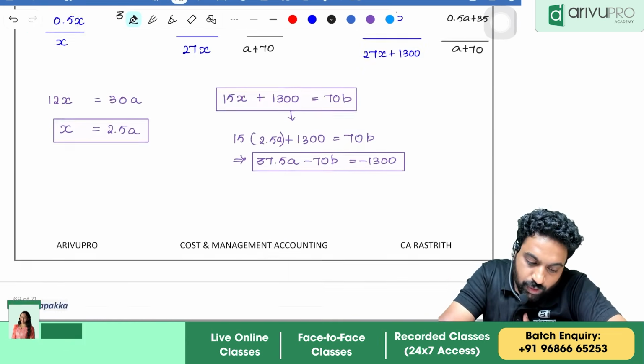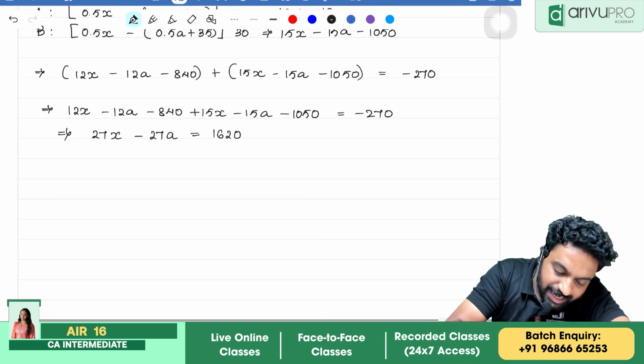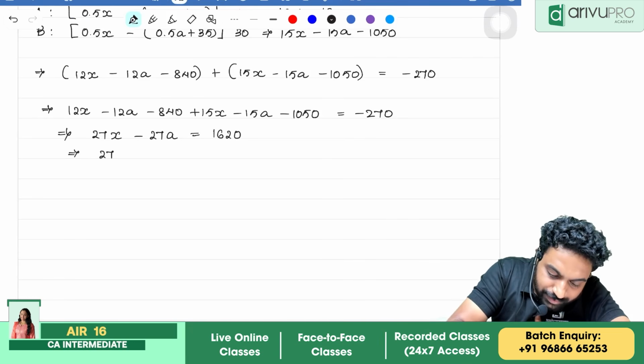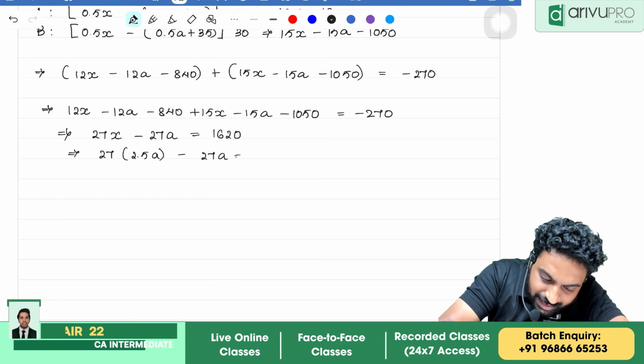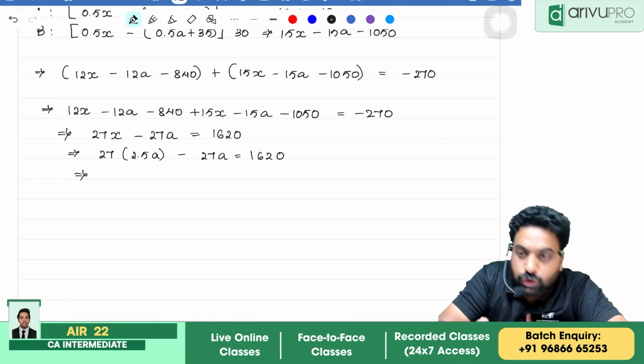Now we know x is equal to 2.5a. So 27 into 2.5a minus 27a is equal to 1620.